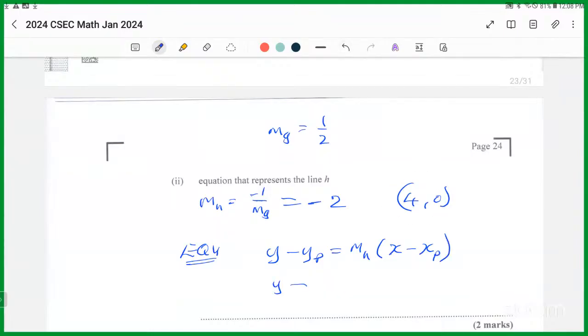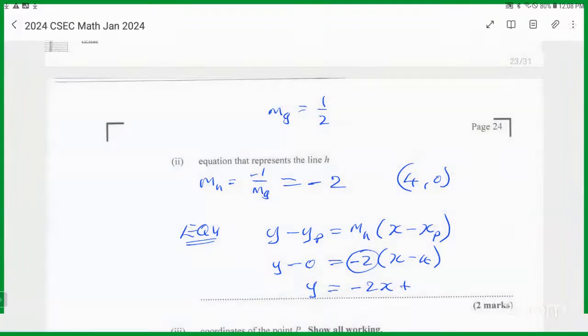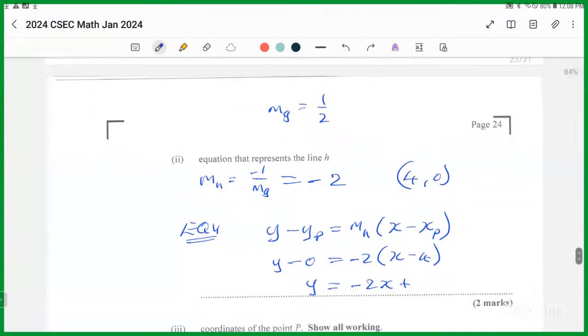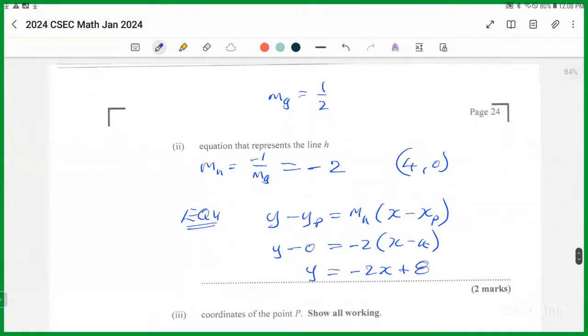So it's y minus the y value at the point, which is 0, equals the gradient, negative 2, into x minus the x value at the point, which is 4. y minus 0 is just y equals, expand this now, we get minus 2x plus 8, because minus 2 times minus 4 is plus 8. That's the answer right there. Quick and fast.